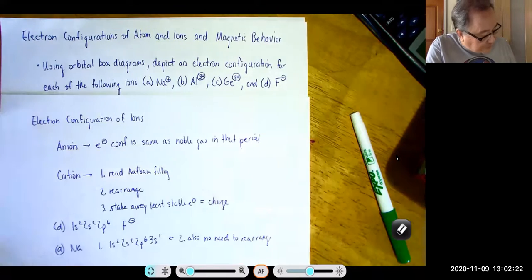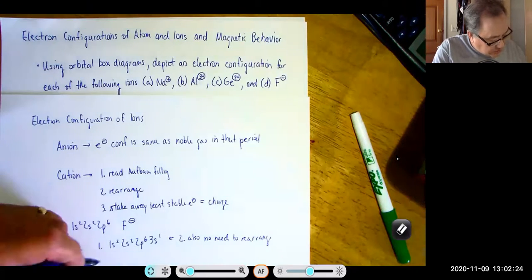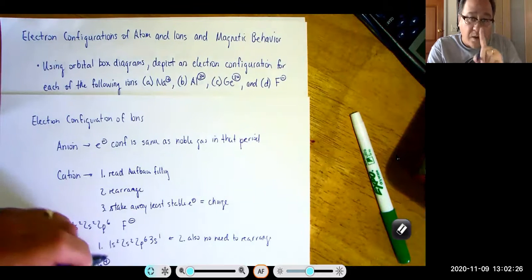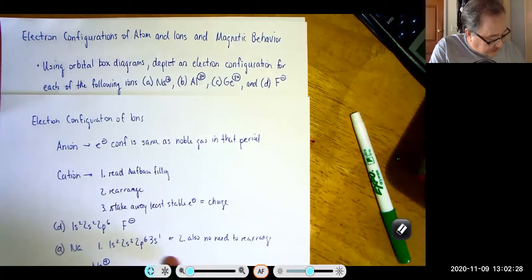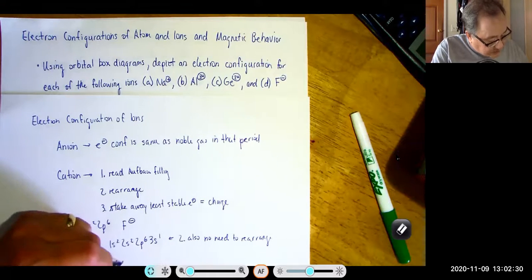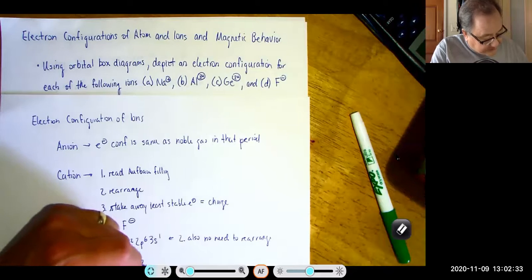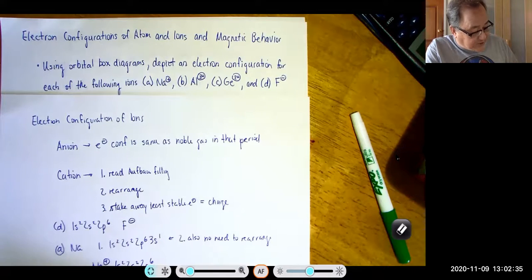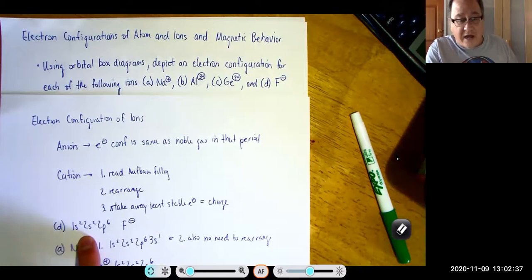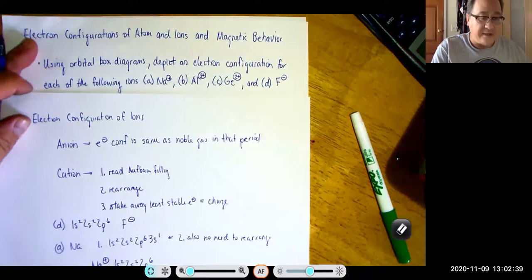And then, since it's a +1 charge, we take away 1 electron, the 3s. So we get 1s2, 2s2, 2p6, which also happens to match the electron configuration of fluoride ion and of neon.